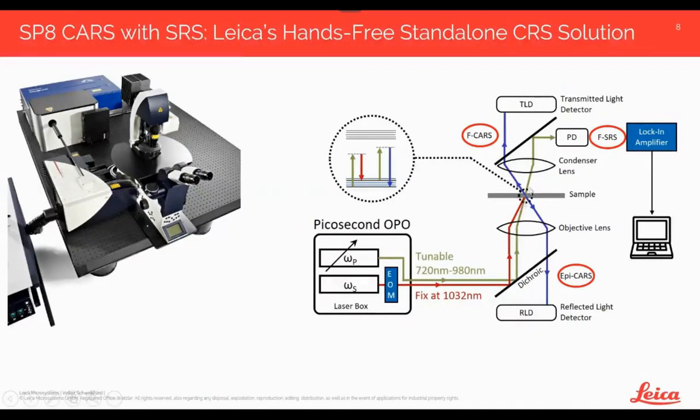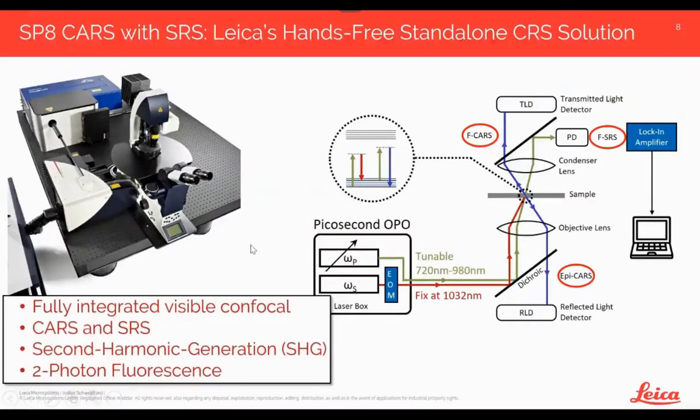And the newest addition to our system, to our portfolio in vibrational spectroscopy, is the addition of a forward stimulated Raman scattering detector that will record SRS signals in the forward direction and thereby complement the CARS signals. And all of this technology is fully integrated into our visible confocal platform, such that we have visible confocal information available, and in addition, the added modalities of CARS and SRS.